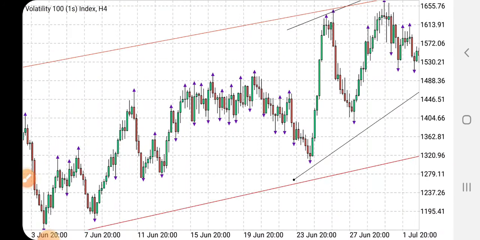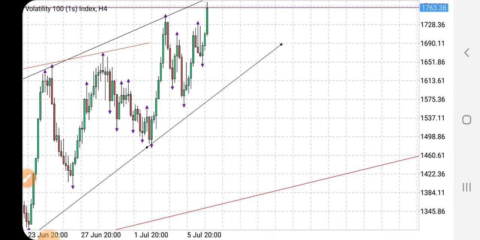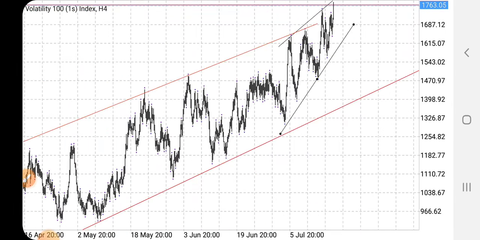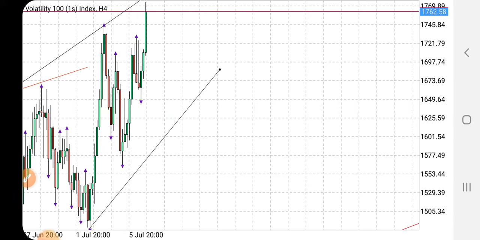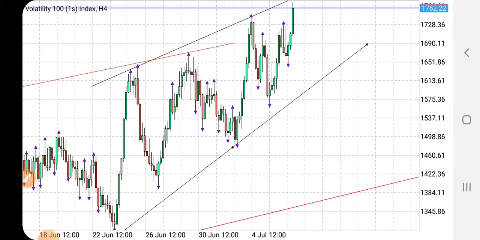So now if you look right here, I have my outer trend line, which is the red line, and I have my inner trend line, which is this black line.